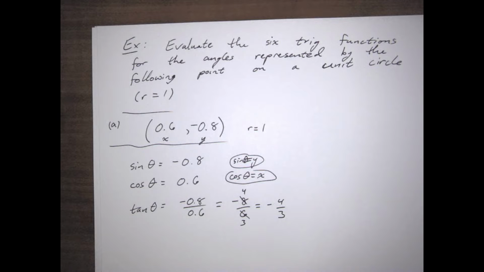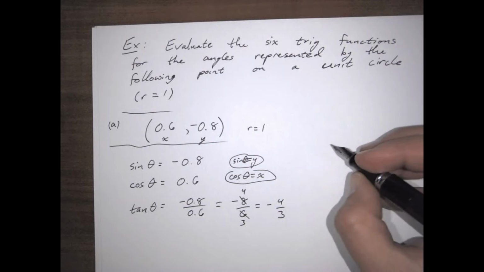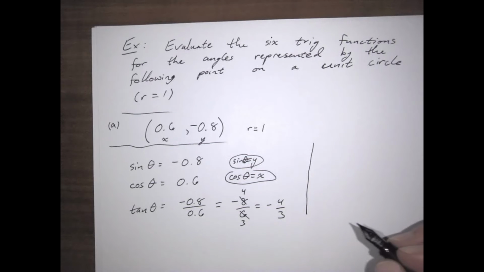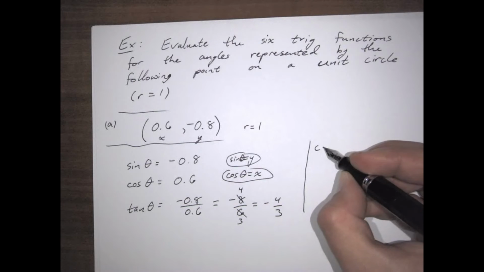Okay, sine is that, cosine is that, tangent is that. We can evaluate this more and get the decimal if we wish, or we can leave it as it is. So there's that. And now the other three.